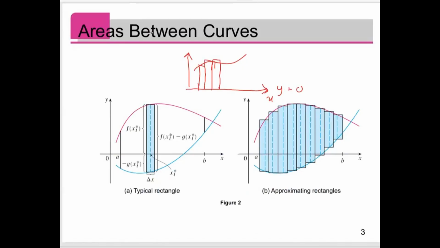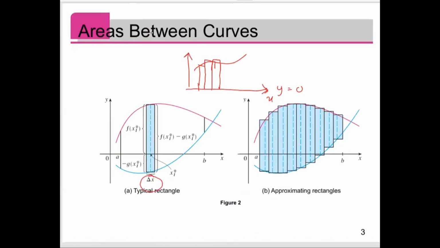There are a lot of things that we did, overestimation, underestimation, and things like that. But now we extend it a bit more. Rather than stopping at the x-axis, the height of the rectangle is now bounded by the top curve and the bottom curve. As you can see here, the blue one is the bottom curve, that is g(x). In order to calculate the area of the rectangle, we need two things. The first is the base, the same as before, delta x.